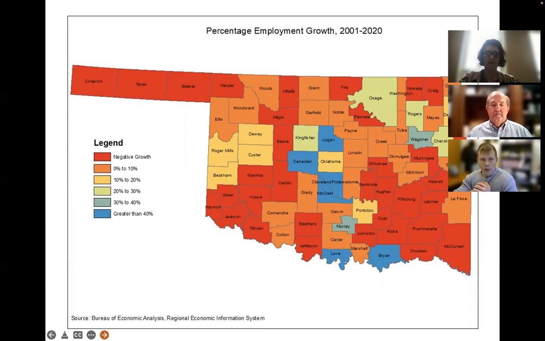And the other thing that stands out to me on this map is if you look at the places that have really grown in employment, you see the suburbs around the Oklahoma City area. And then also you see down there in Bryan and Love County. And again, that ties in with what Dr. Wood showed you with the growth, a lot of it coming from the Dallas-Fort Worth area, not just in population, but also in employment. So a lot of our, as we said earlier, rural counties are kind of struggling to keep and create jobs. And this map just kind of drives that home. Next slide.